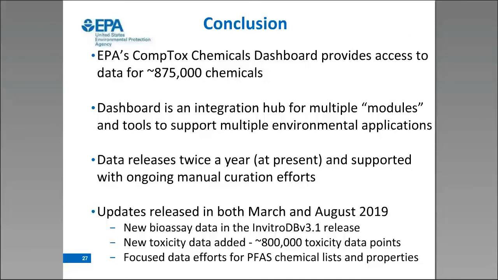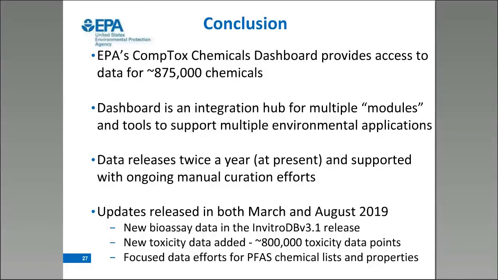So going to my last slide, the conclusion slide, I hope walking through today showed some of the highlights of the CompTox Chemicals Dashboard, which has access to increased numbers of chemicals, 875,000 at this point. It has multiple modules and tools that support different environmental applications. Data release is twice a year at present and supported by manual and automated curation efforts.